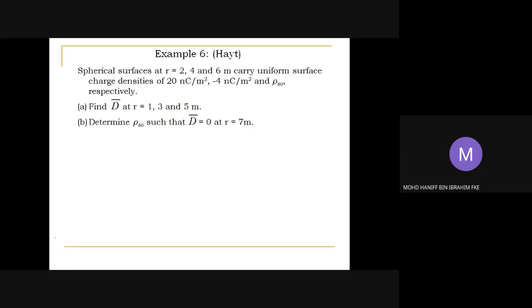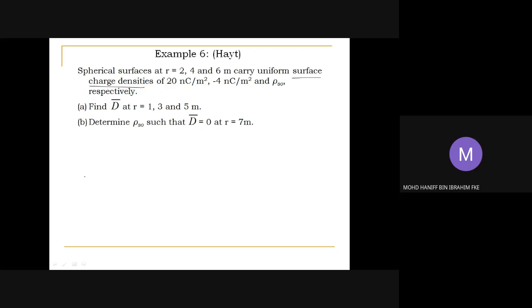Next question will be example 6. Again, we are given a spherical problem. This time we have spherical surfaces at radii of 2, 4, and 6 meters. Each of them has a charge density in nanocoulombs per meter squared, which means these three are surface charge densities.